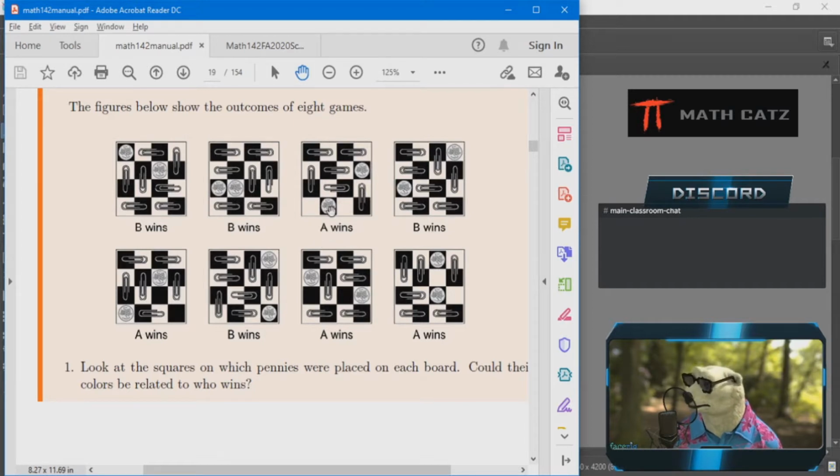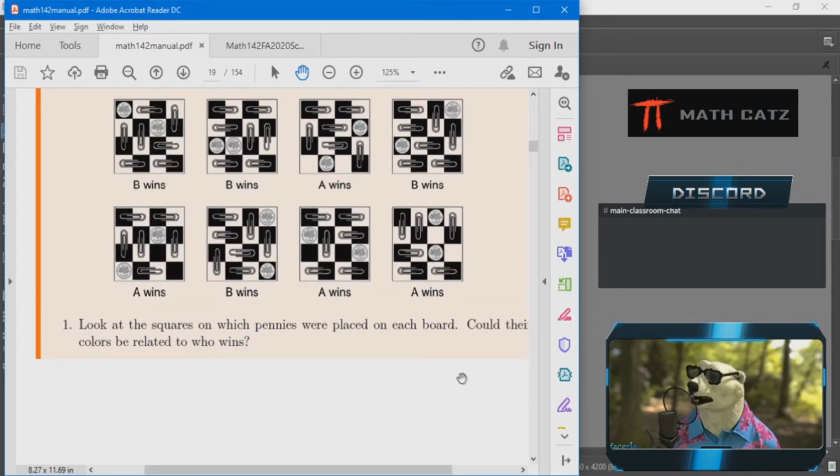If player A places 2 pennies on 2 black squares, now the number of black and white squares are not the same. But if paperclips are possibly placed, the number of black and white squares will always have to be the same. So that gets us thinking, oh, it seems like if pennies are placed on 2 squares of the same color, then the remaining squares don't have the same number of black and white squares, and how could paperclips then possibly be placed on all of them?